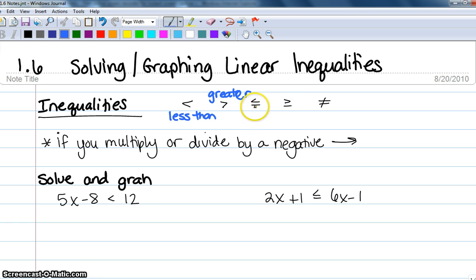So that little line underneath there, that's saying or equal to. And this means does not equal. Okay? And hopefully you remember that if you multiply or divide by a negative, then you must flip the sign.